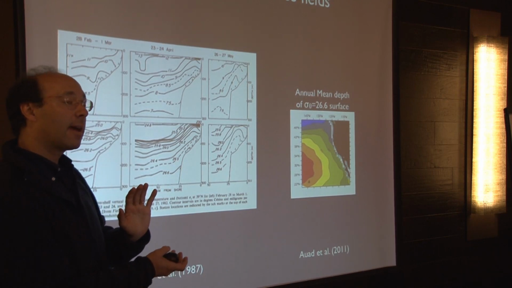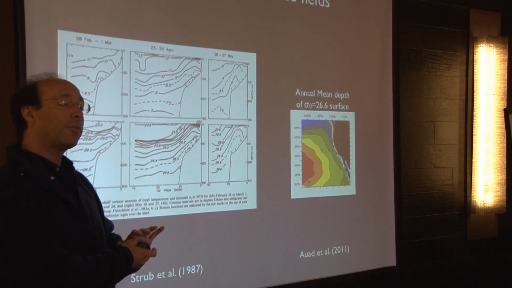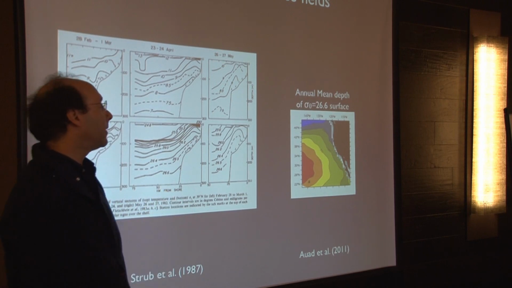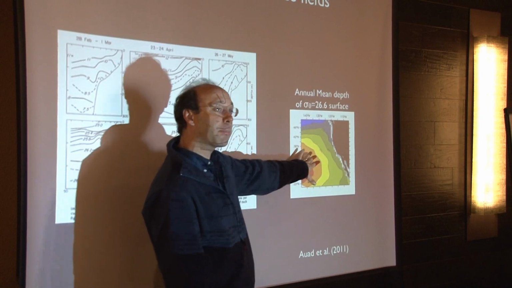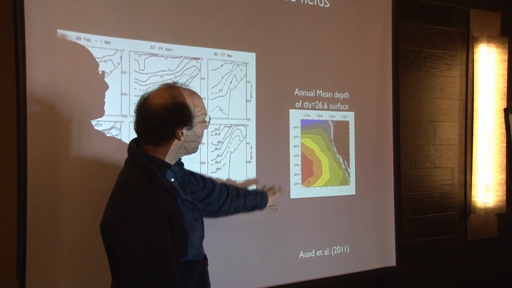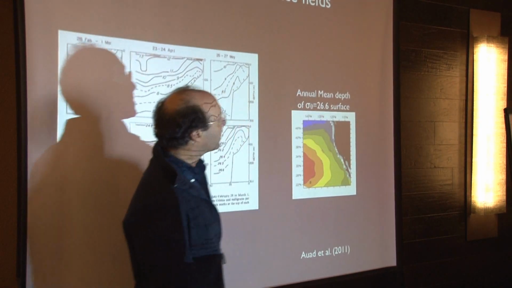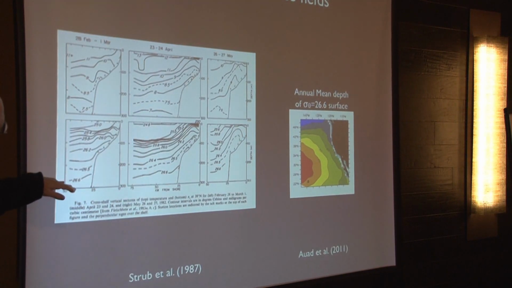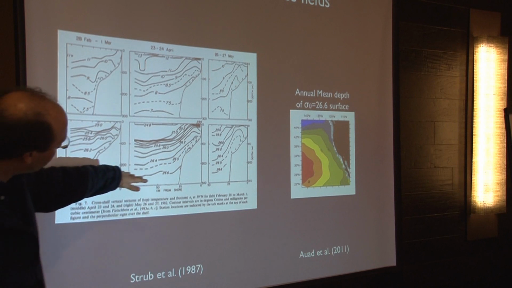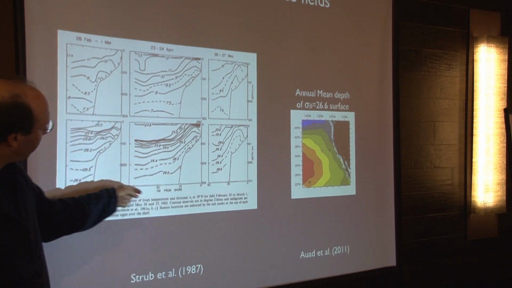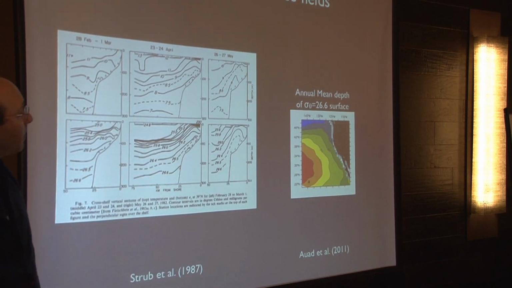And to some extent, that depth plays very well with the large-scale oceanography, which is illustrated in this annual mean depth from Argo floats of the 26.6 density surface. That density surface in this figure is, let's see, 26.6 is right here in this figure down at about 250 meters.